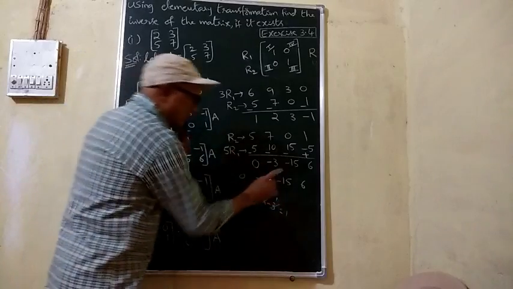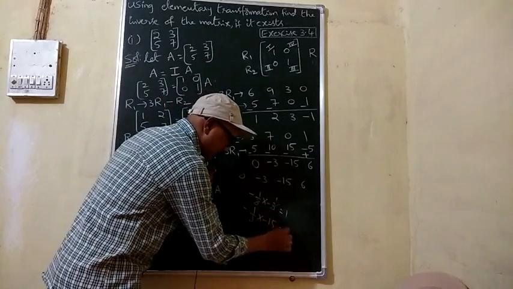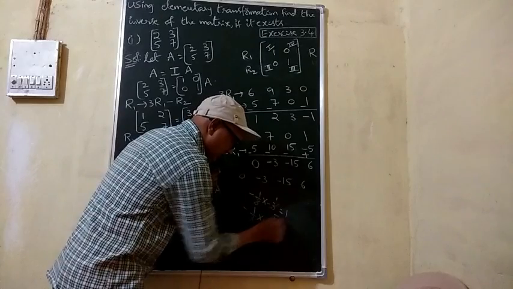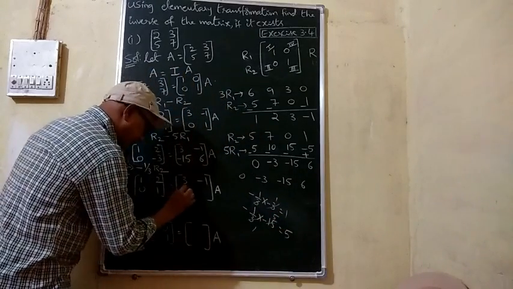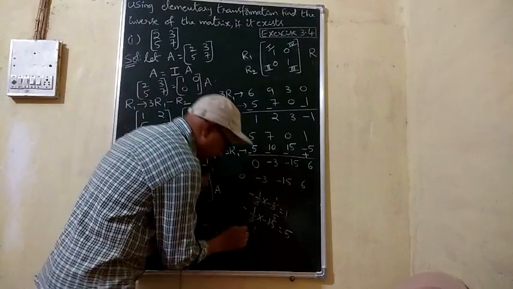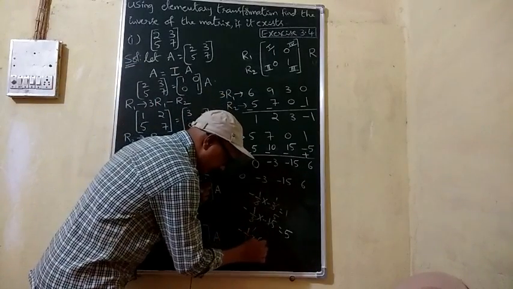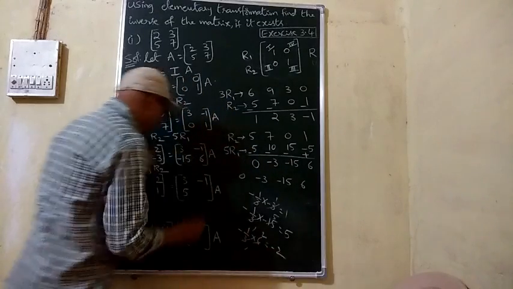Minus 1 by 3 into minus 15, 3 fives are 15, minus 5 into minus 1 is 5. Minus 1 by 3 into 6, 3 twos are 6, 2 into minus 1, minus 2.